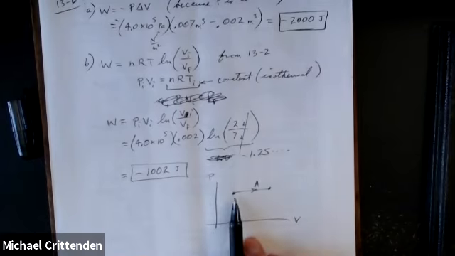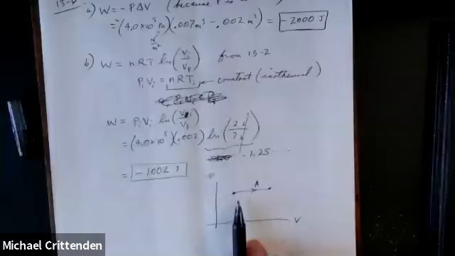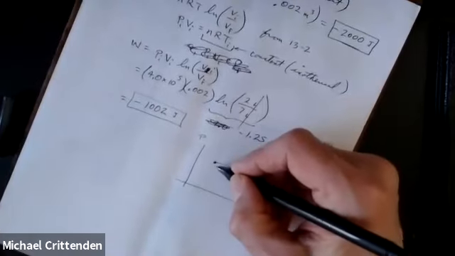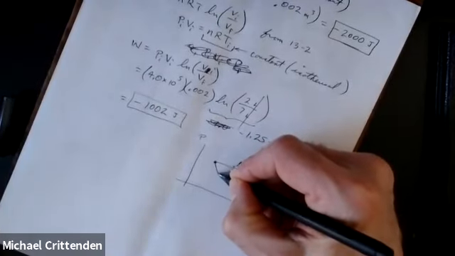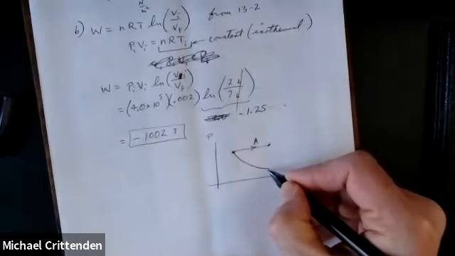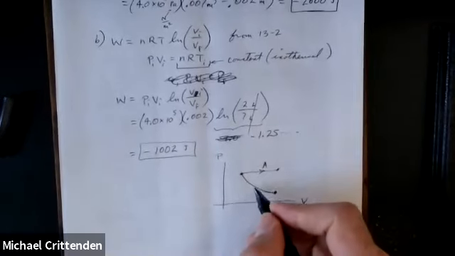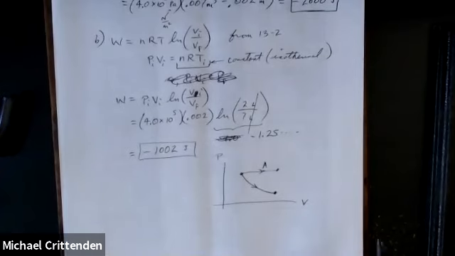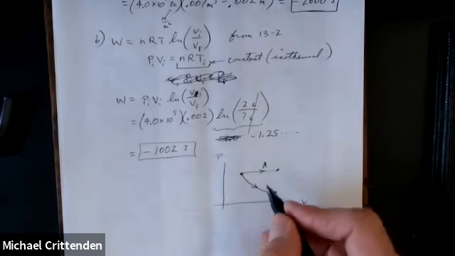It remains a pressure of 400,000 pascals, horizontal line. For a constant temperature process, on the other hand, it follows one of those isotherms that I was talking about 1 or 2 classes back. One of those y equals 1 over x kind of things, rectangular hyperbola.